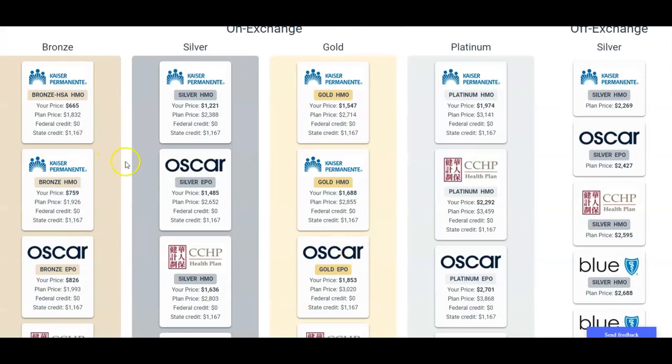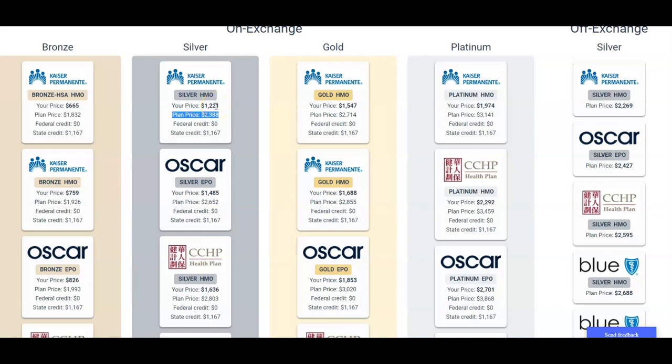In this case, as you can see, their maximum contribution is $1,221 for the second lowest silver, and their benchmark plan would have been $2,388. If they were to buy this plan directly from Kaiser, this is how much they would have paid. If they get it through Covered California, they pay less, $1,221.